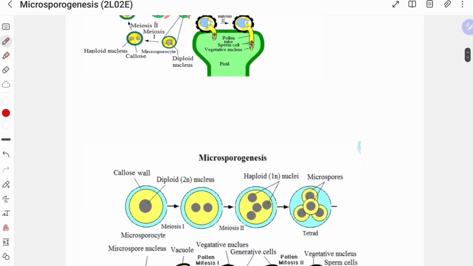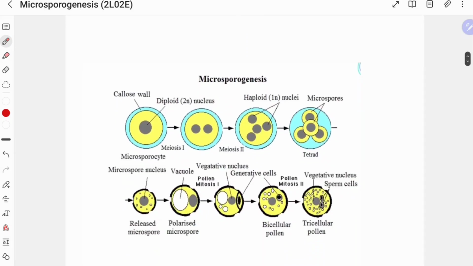In the next figure, it is more clear how the male gametophyte develops.